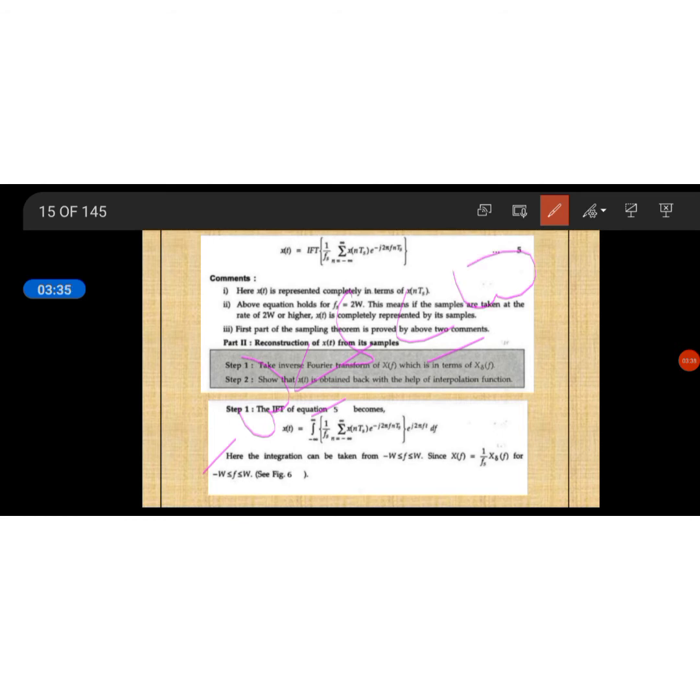So instead of minus infinity to plus infinity, we take the limits as minus omega to plus omega. Here X of f is 1 by fs into X delta of f.